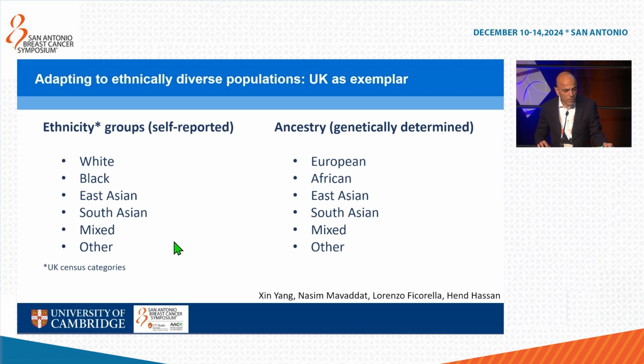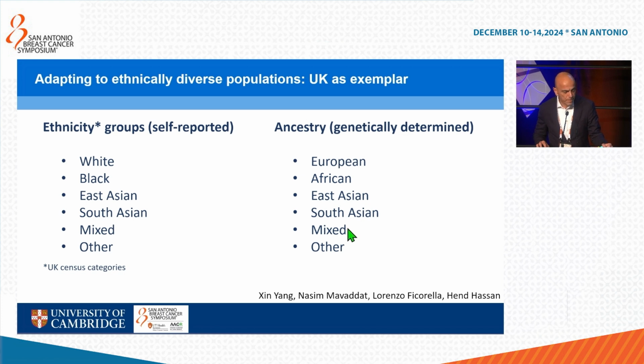So a major focus of our work in the past year or so has been adapting these models to ethnically diverse populations. Again, one of the challenges here is that the ethnic makeup can vary substantially between countries. So what we have been doing is developing a general methodology that can be extended across different countries, but here I'm using the UK as an exemplar.